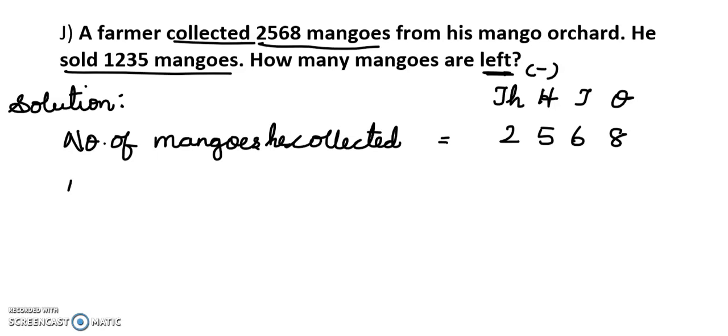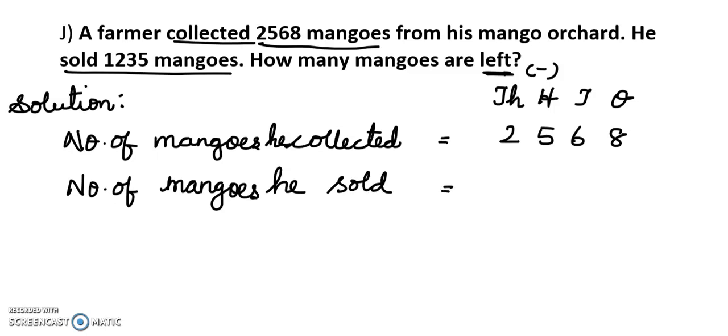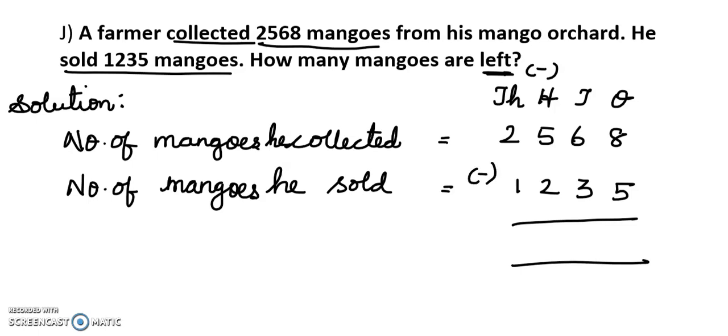Then the number of mangoes he sold. How many mangoes did he sell? 1,235 mangoes he sold. So what are the remaining mangoes? That is, how many mangoes are left, they are asking. So we are going to subtract it.